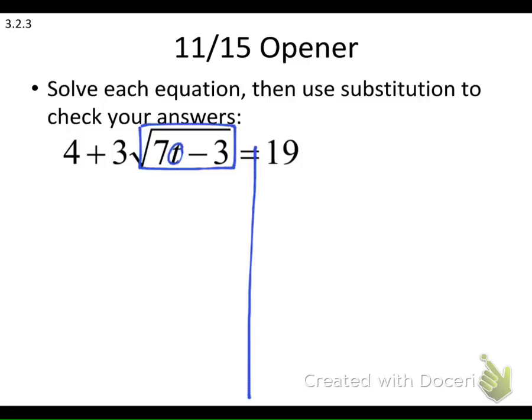Now, in order to pick if I'm going to get rid of the 4 or the 3 first, you would do order of operations backwards, which would be SADMAP. So which one of those numbers, 4 or 3, would I get rid of first? The 4. So how do I get rid of that 4?